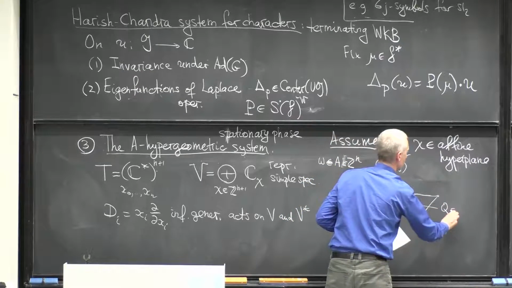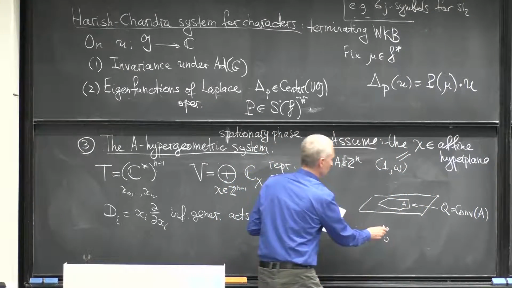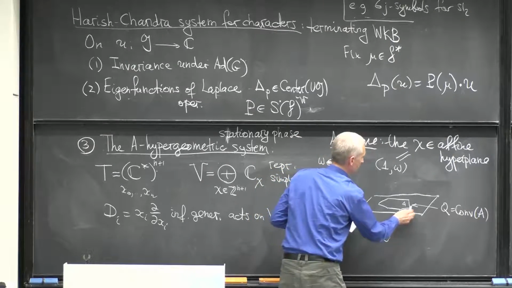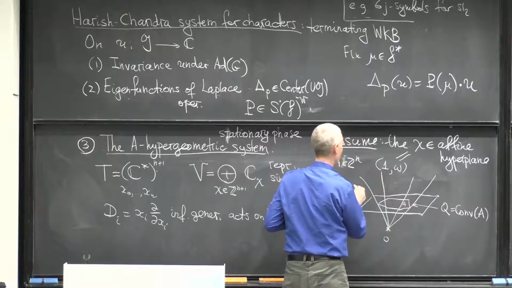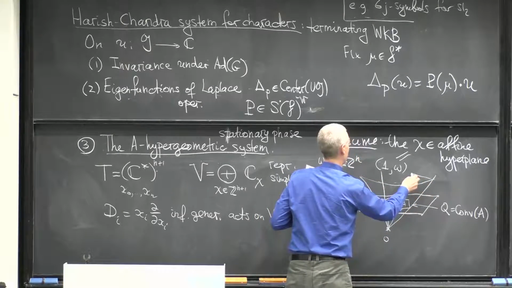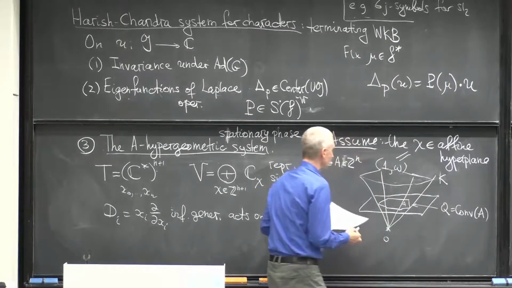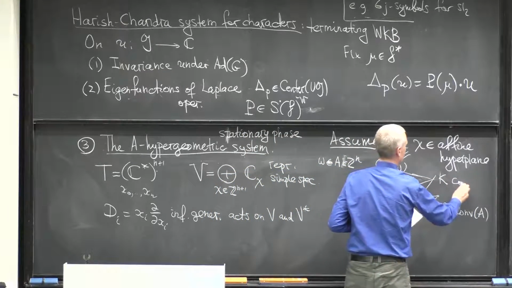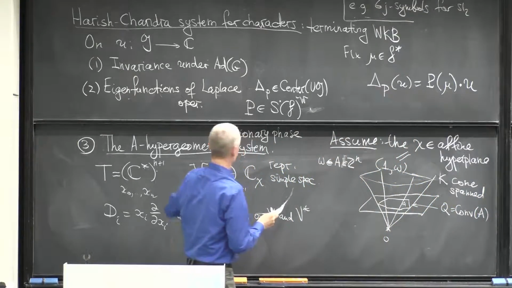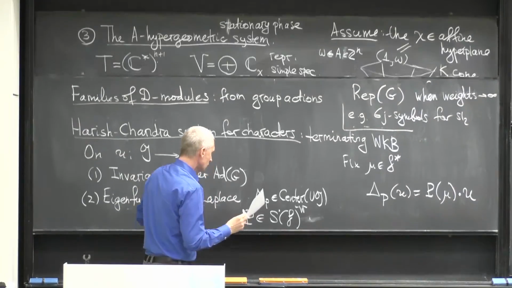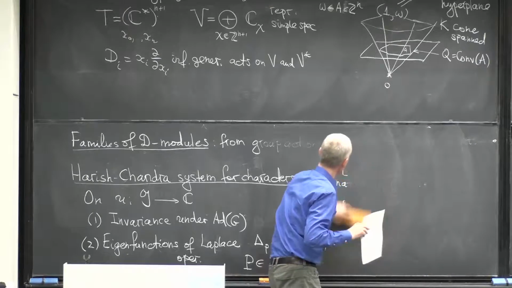We have the Newton polytope Q, which is the convex hull of this set A. And because this is an affine plane, we can take the cone over this and call this cone K. Then we can identify the dual space with the space of polynomials.